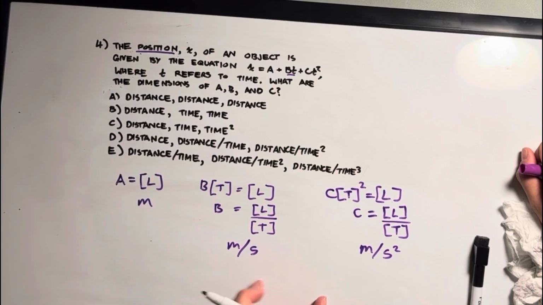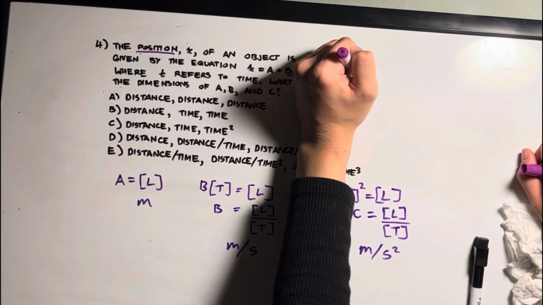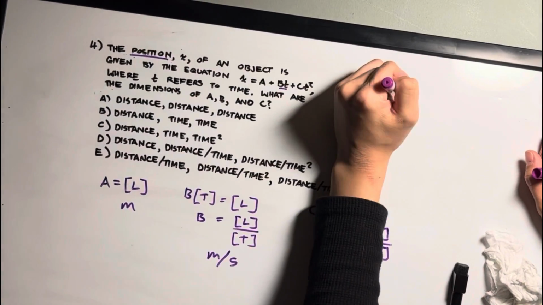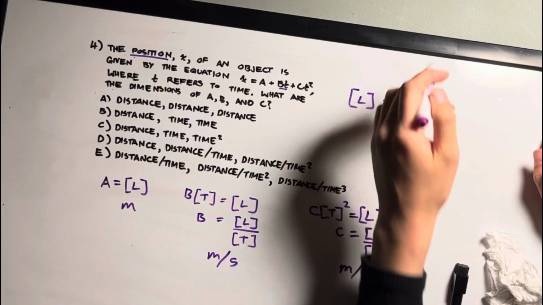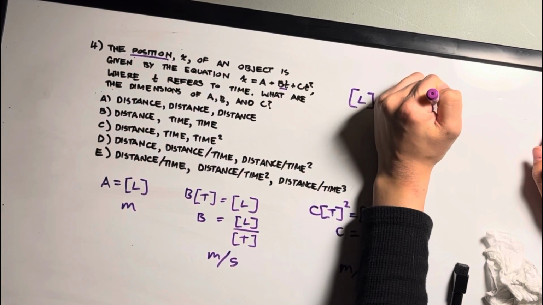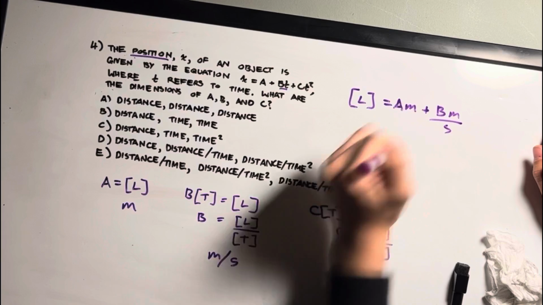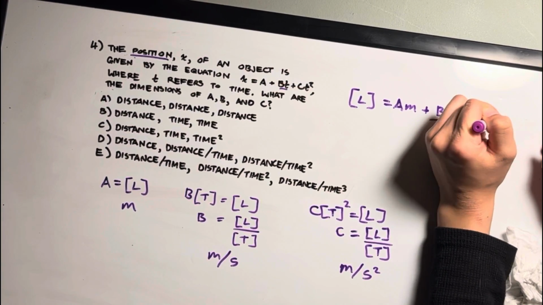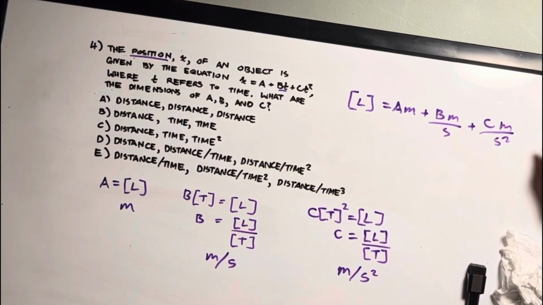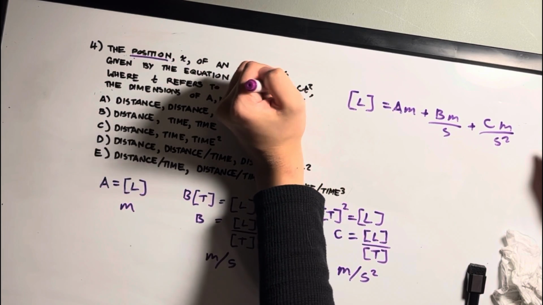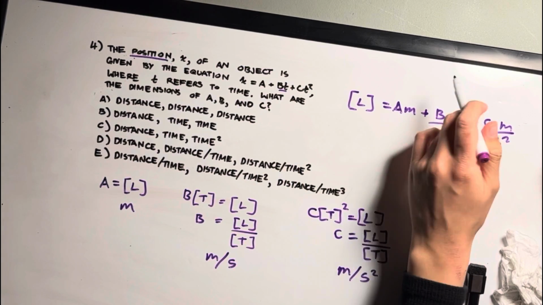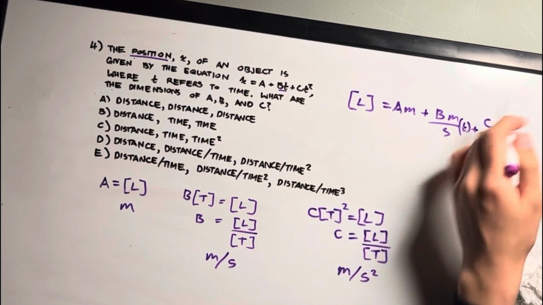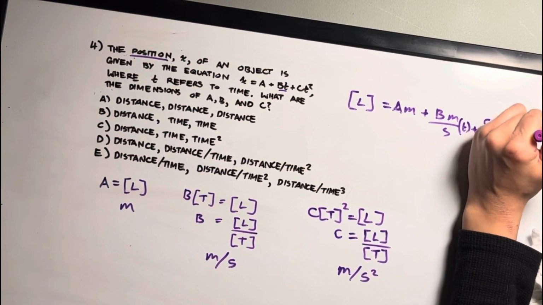So if we were to take all of this and plug it into the equation, x, or distance, L, is equal to a meters, because that's only in distance, plus b meters per second, and then c meters per second squared. And here we also know that b and c are being multiplied by t and t squared. So b times t and c times t squared.